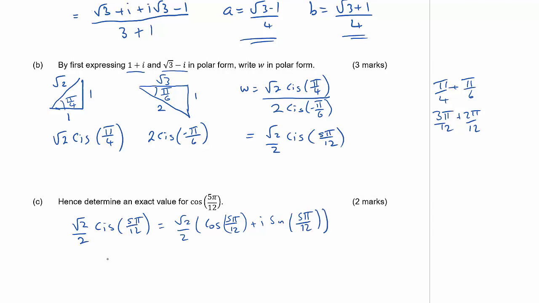And that means, equating real parts, that root 2 over 2 cos 5 pi by 12, which is the real part here, is going to be equal to the real part up there, which is root 3 minus 1 over 4.